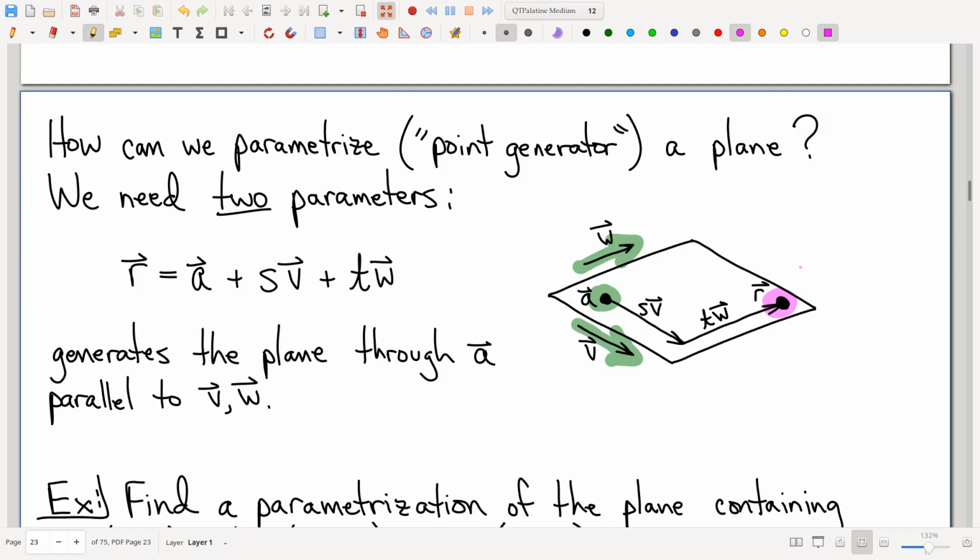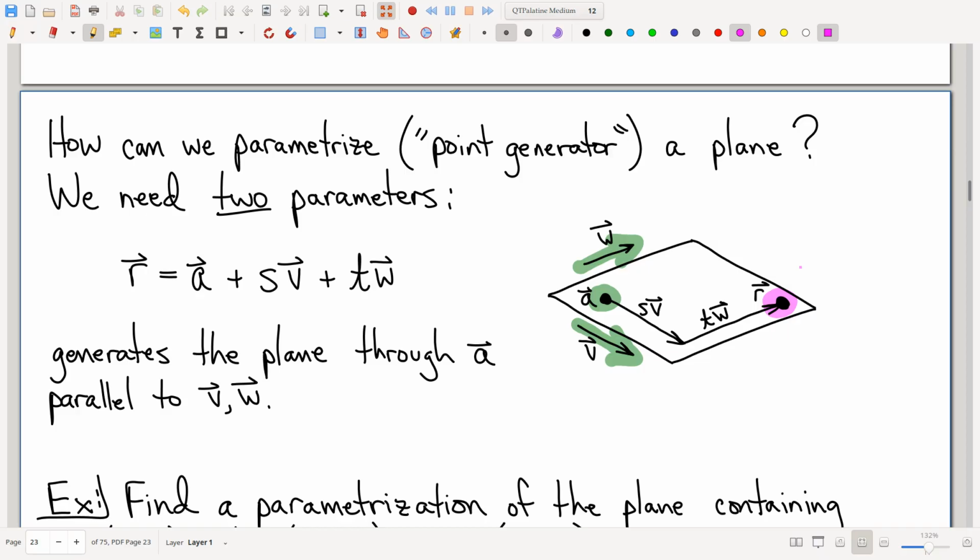We're looking to parameterize. Parameterizations are point generators, not point testers. How would I use these given green objects to produce points in the plane? In particular, all of the points in the plane.